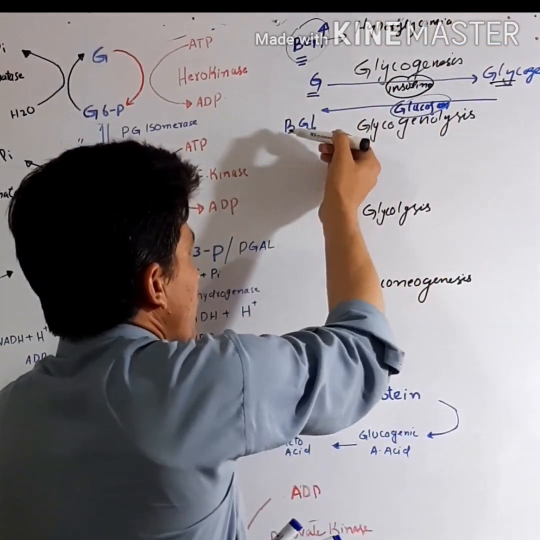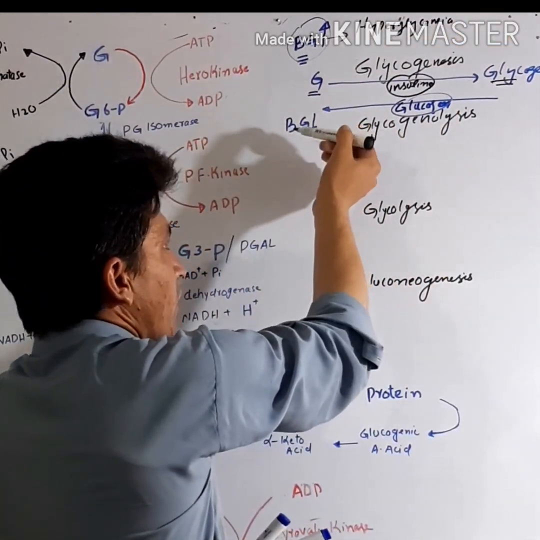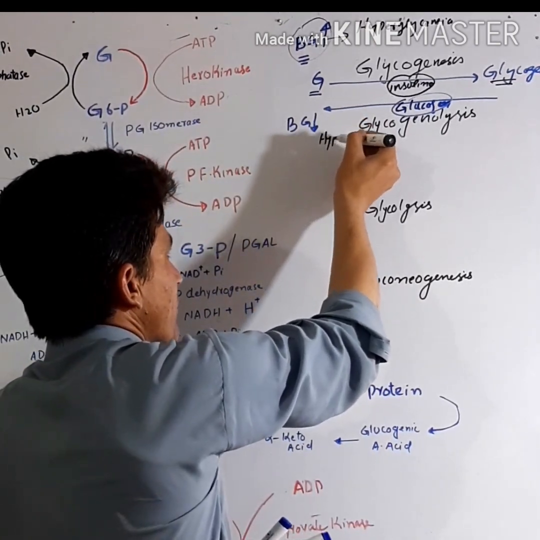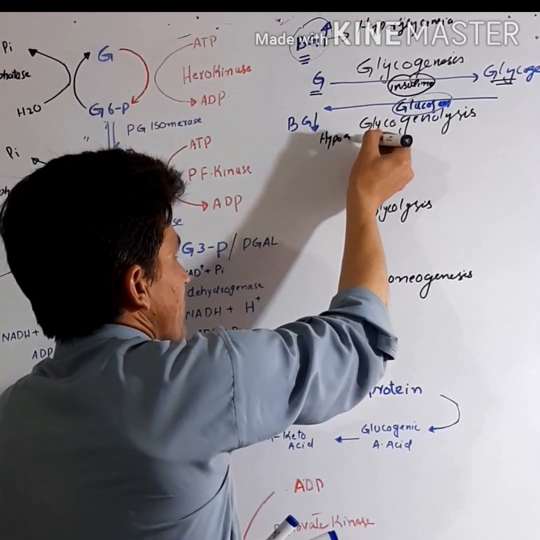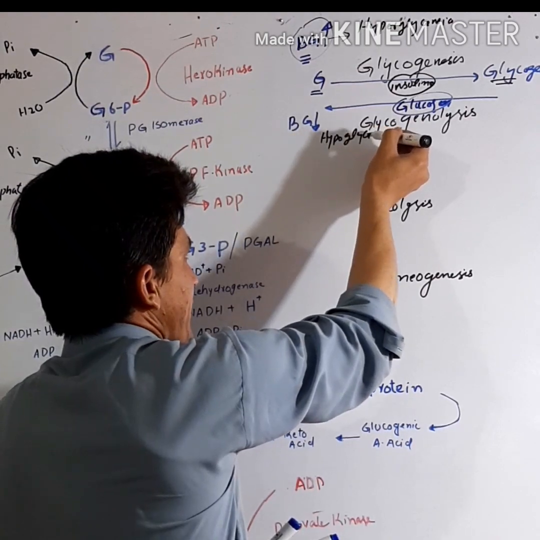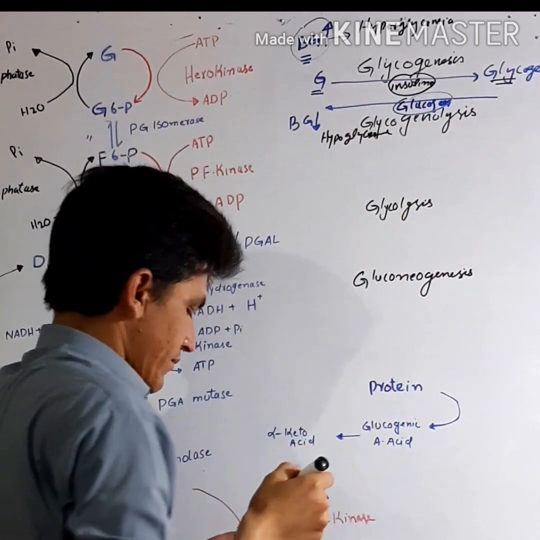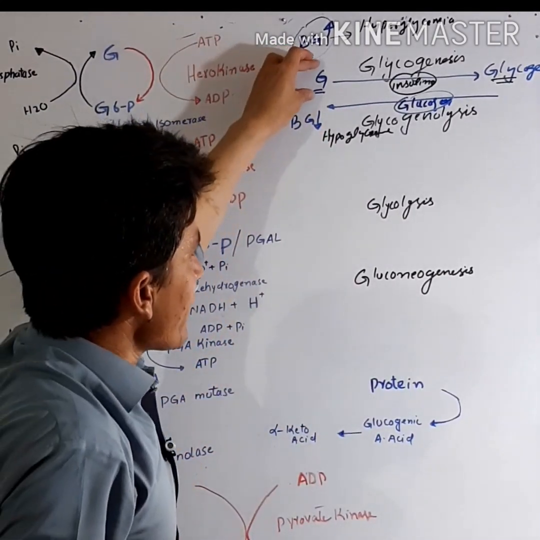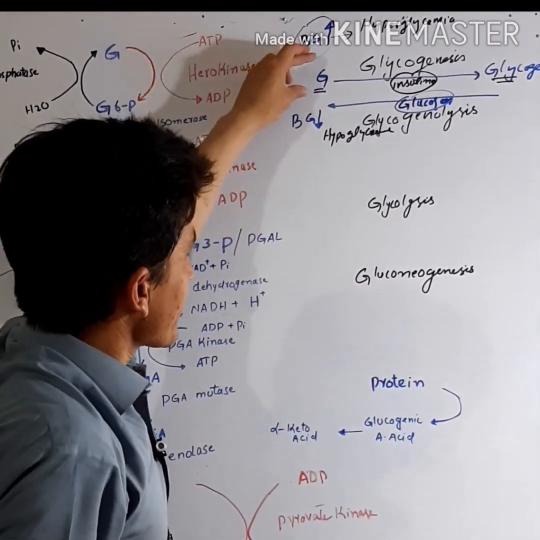And when the blood glucose level is lower than the normal range, it is known as hypoglycemia. So these are opposite of each other.